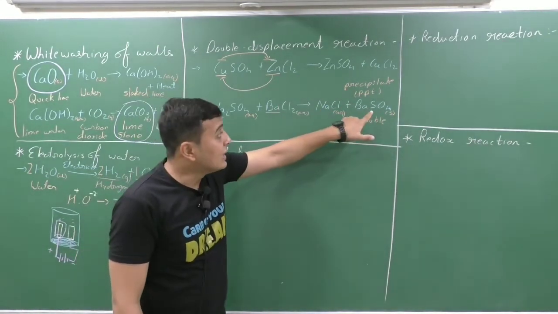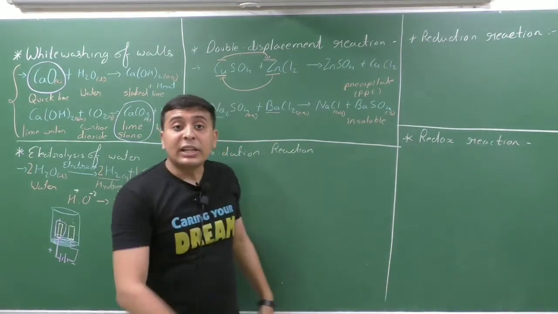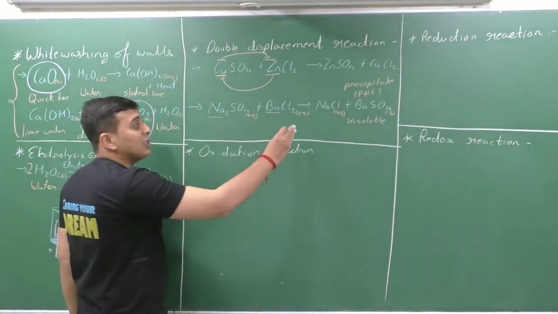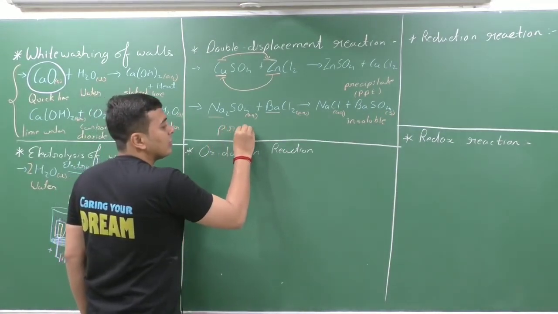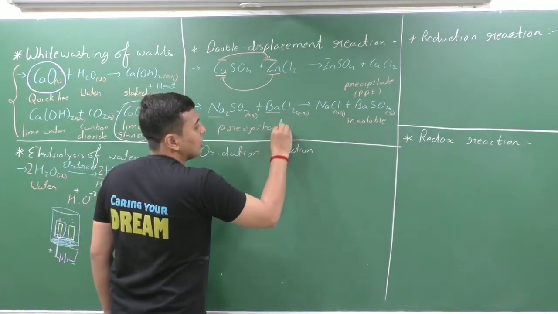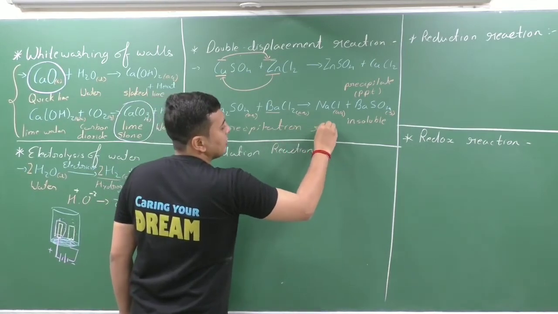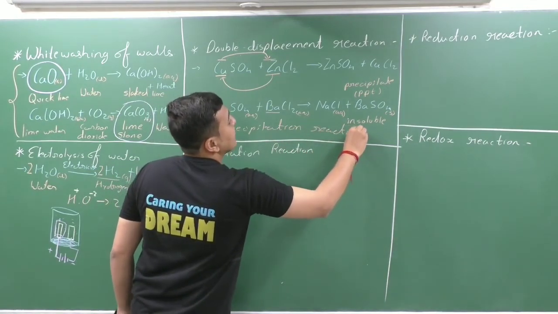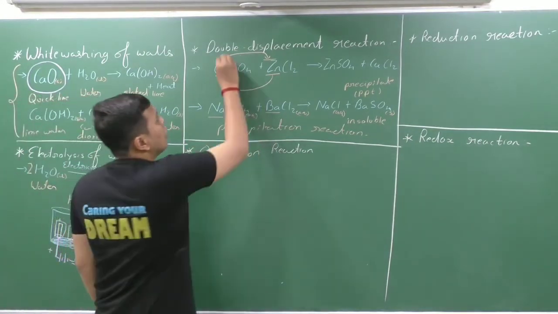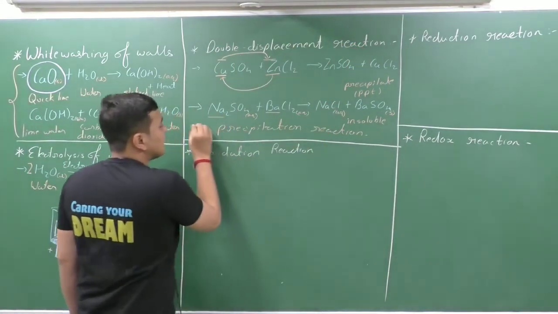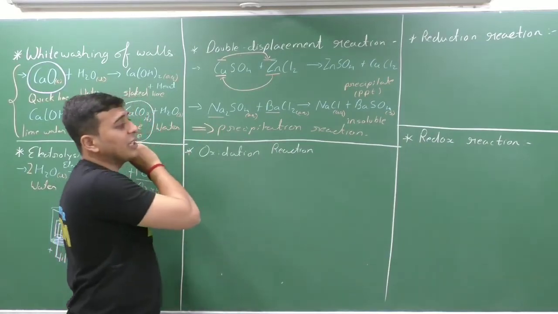Clear? So this precipitate, and the reaction in which precipitates are formed, is known as precipitation reaction. Clear? So we can say that most of the double displacement reactions are precipitation reactions.